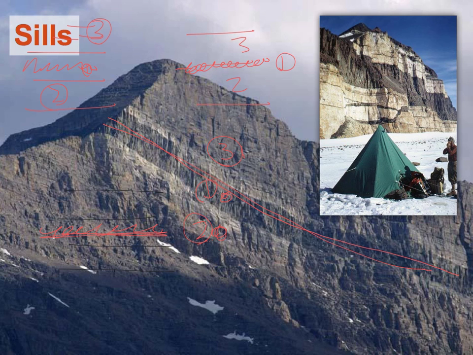A couple of ways to recognize this would be, the hot material that's being forced basically between these layers is going to lead to some amount of metamorphizing of the surrounding layers of rock. And for there to be contact metamorphism on top means that layer 3 must have been there when the hot magma came through.